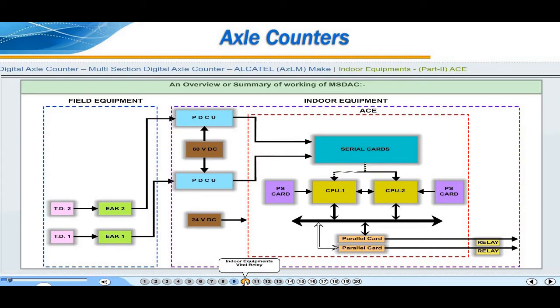The serial card will transfer this information to CPU 1 and 2 cards parallelly. Both CPU 1 and 2 cards will process this data, tally with each other, and give the information about the section occupied to the parallel card controlling the particular track section. The parallel card in turn will cut the feed going to the coil of the vital relay. As a result, the vital relay will drop and the section occupied red LED indication will appear.